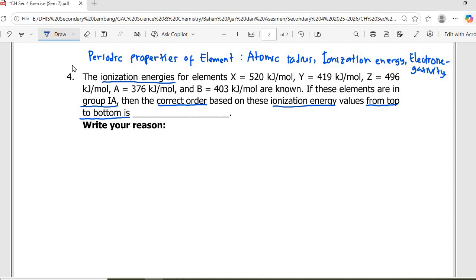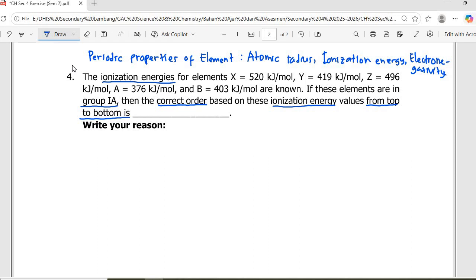So you have to put the correct order from top to bottom, because a group is the order of elements arranged vertically, from top to bottom. You have to reorder all of these elements X, Y, Z, A, and B. And the problem is how we can order this.